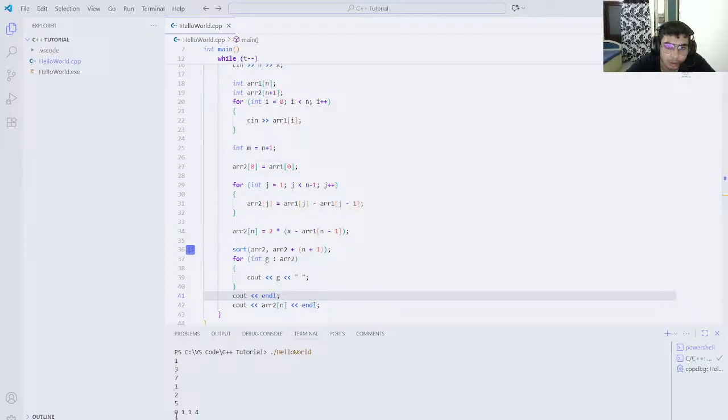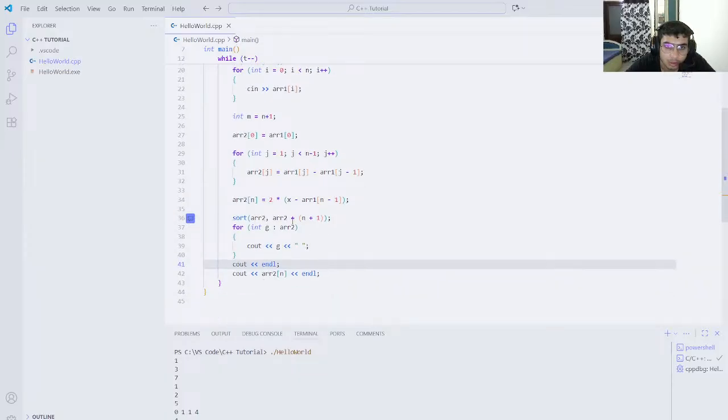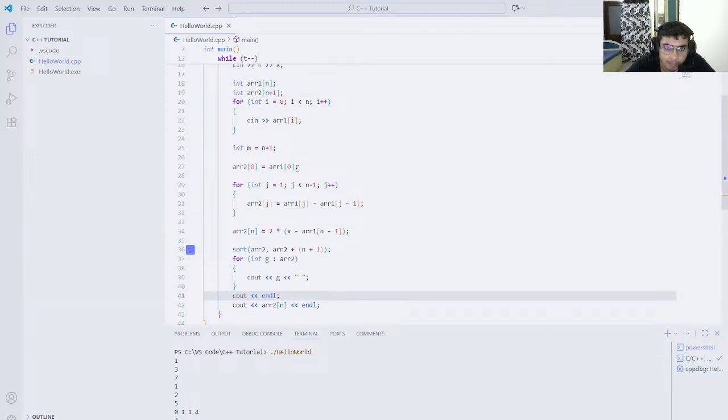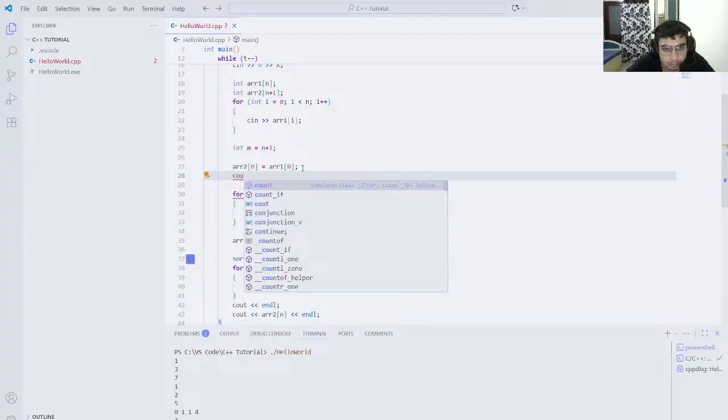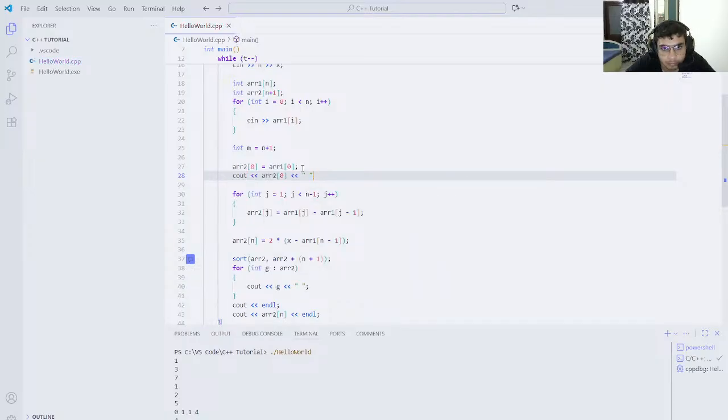This is wrong, right? Because okay, it is giving it right.